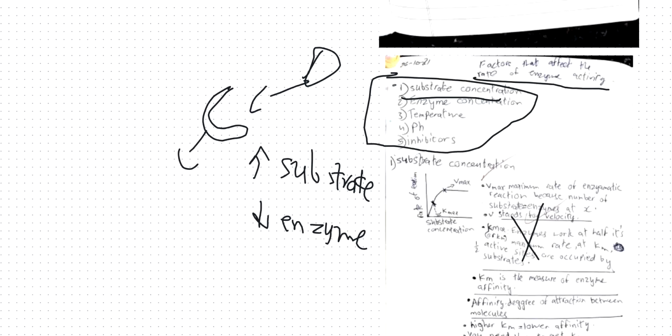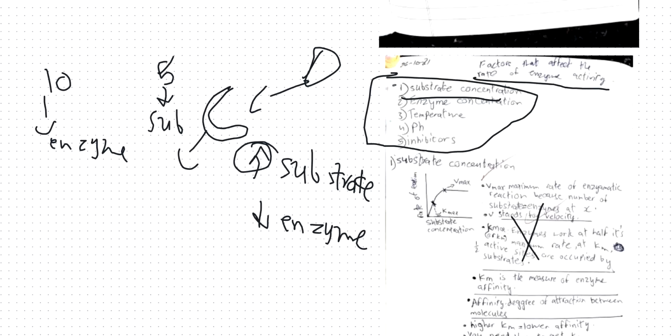So for example, if there are 10 enzymes and you have 5 substrates, but you want to increase the substrate level, so let's say from 5 you make it 20 substrates. You can't fill up all of the 20 substrates with the enzymes because you only have 10 enzymes. So this would decrease the enzyme activity. So that was substrate concentration.